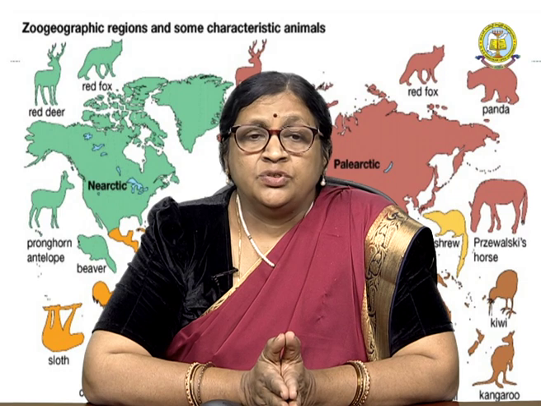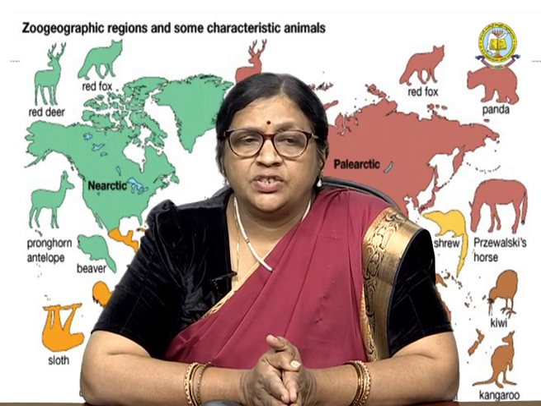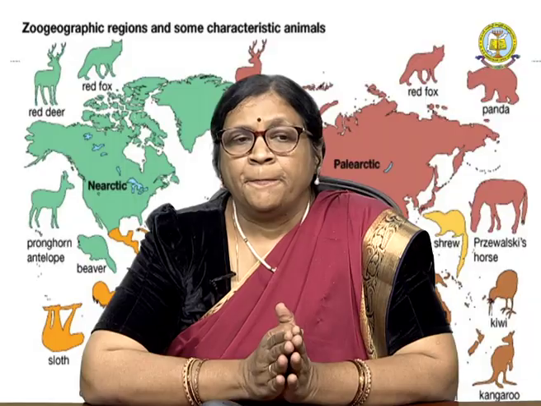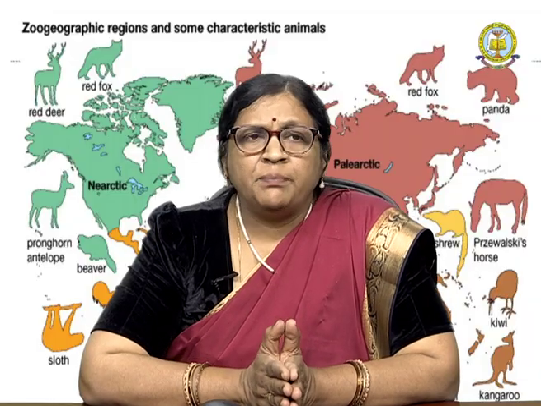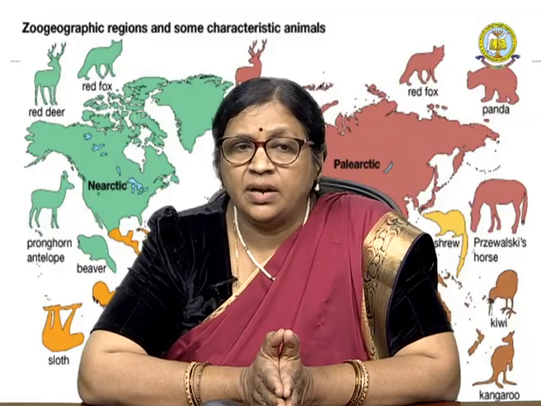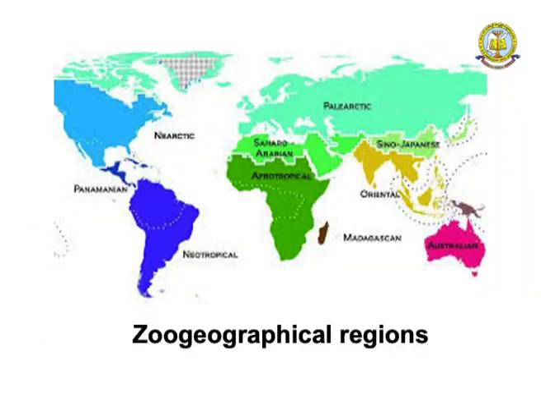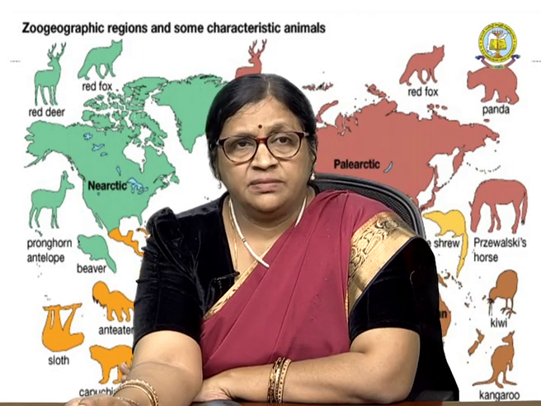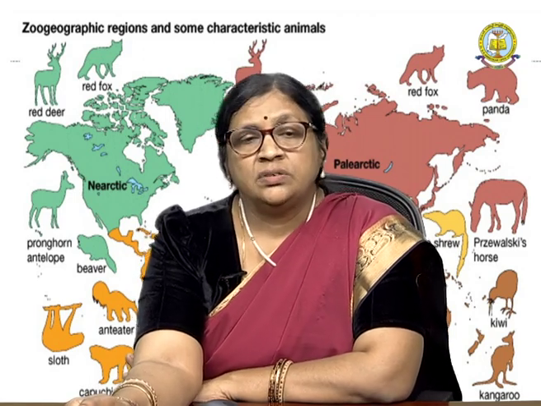So zoogeographical regions give an orientation about the animals in the different parts of the world, constituting the 6 major areas: Palaearctic, Nearctic, Neotropical, Oriental, Australian, and Ethiopian regions. And having a look at the distribution, we find different animals according to their adaptation distributed throughout the world.